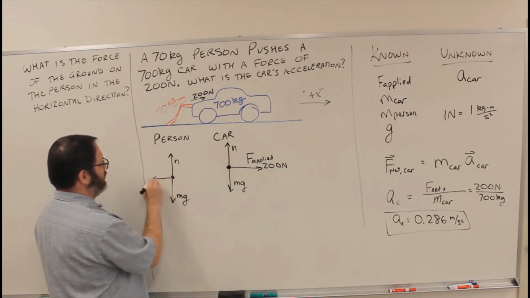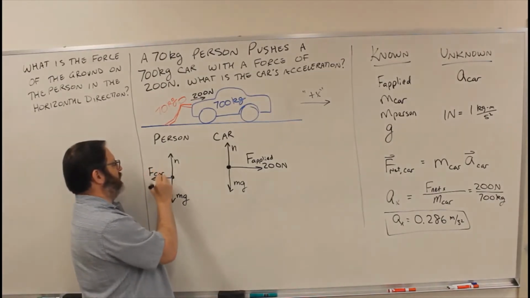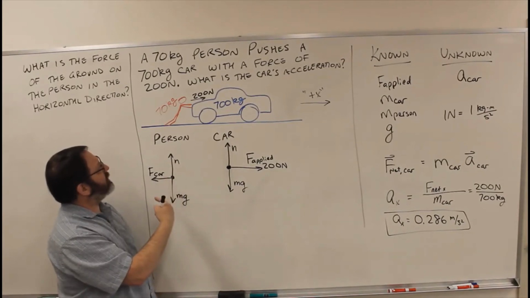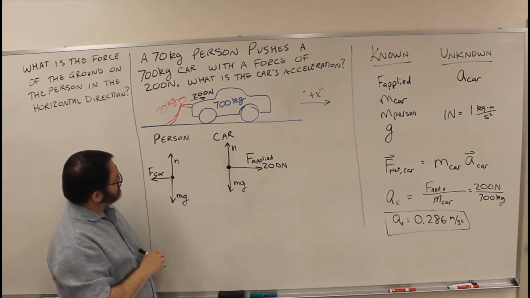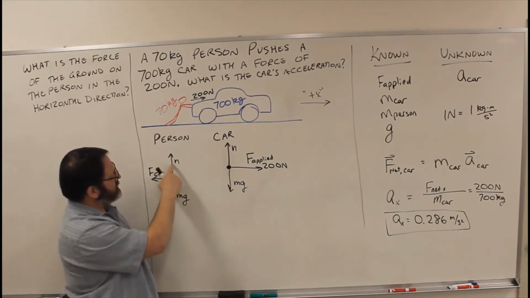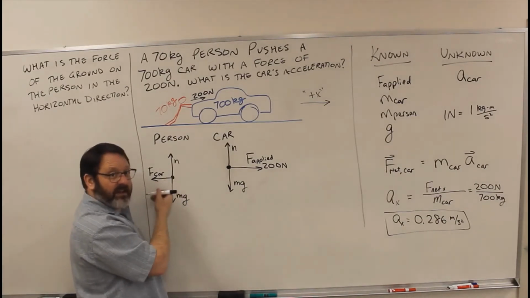So this is an F, I don't know what to call it. I'm going to call it F from the car. So it looks like there's a force going back from the car in that direction. Then, if these are the only forces, and this direction cancels out, there would be a net force on the person to the left.